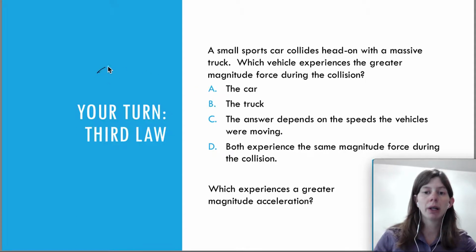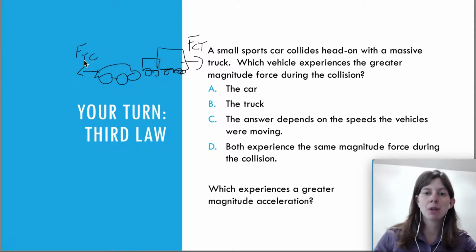If you've got a car here and a truck, then the car pushes on the truck and the truck pushes on the car. You can call this the force from the truck on the car. You can call this the force from the car on the truck. The subscripts are switched. The forces are identical, just in opposite directions. So the answer is the same.